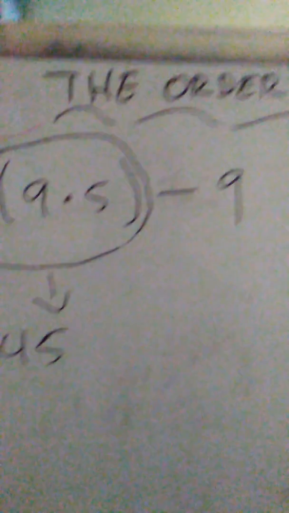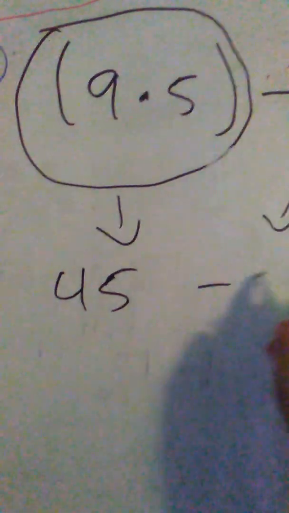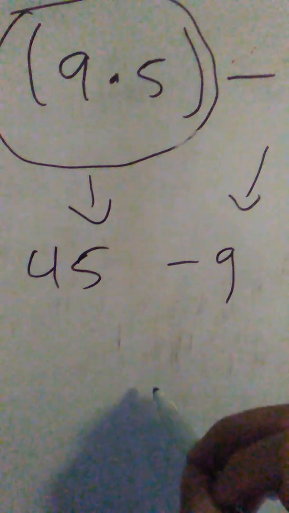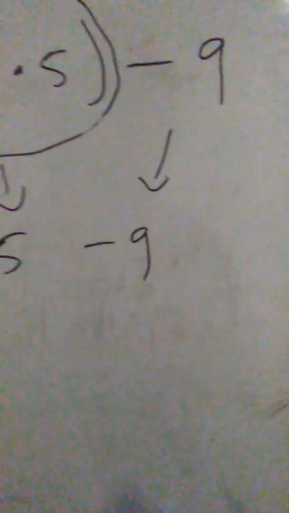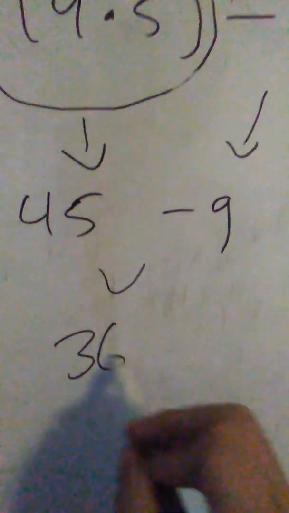And then you just bring everything down: minus 9. Well, 45 minus 9 is 36. And again, if you want to work it out, which you can, do 45 minus 9.